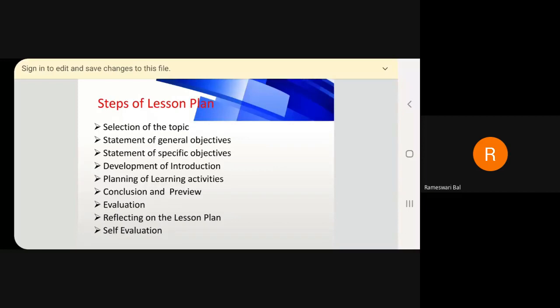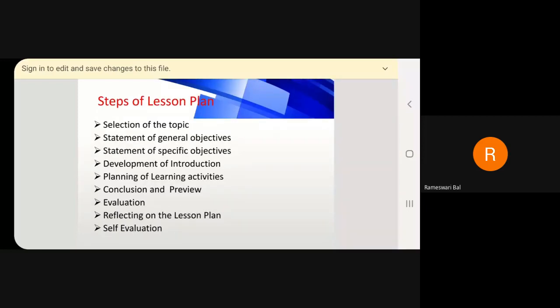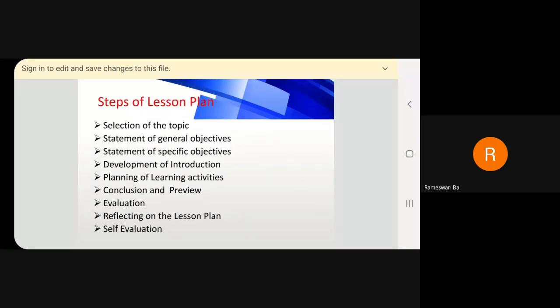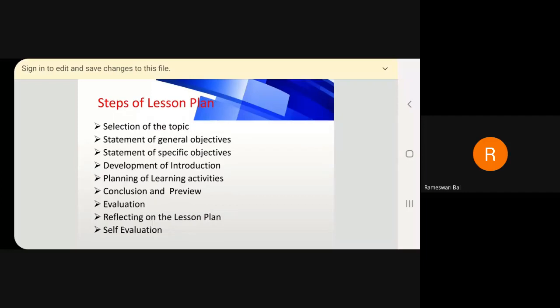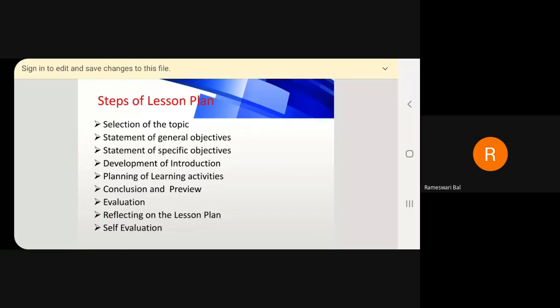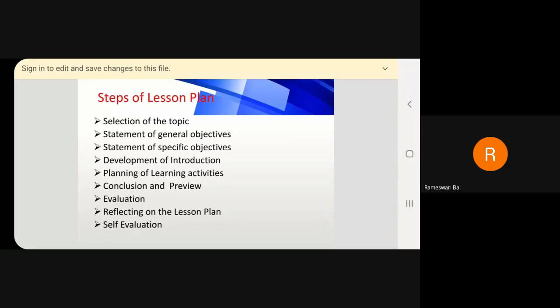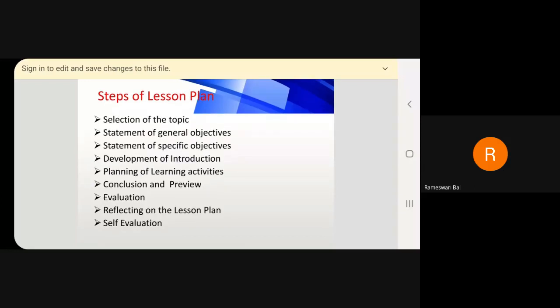We know there are two types of objectives to which we mostly give importance. One is called the general objective and another is the specific objective. General objective: if there is a big chapter, after completion of the chapter we expect some learning outcomes from our students, in terms of modification of their behavior, acquiring knowledge, or creating awareness.